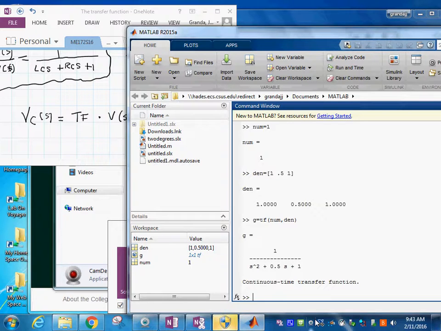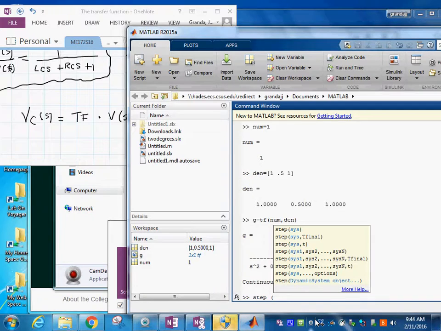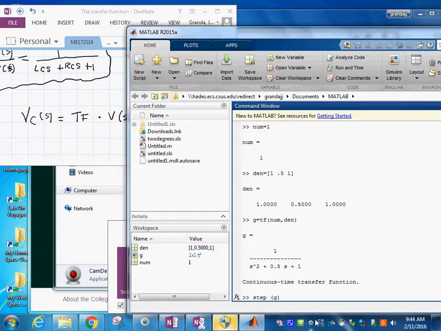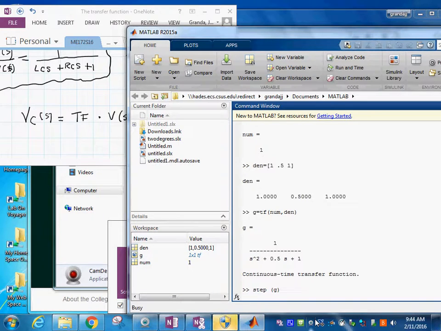If you do this, you're going to get the response in the time domain. This is one of the major contributions that Laplace made: being able to analyze the output of a system by knowing the transfer function.